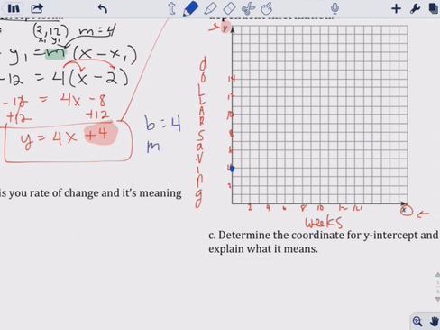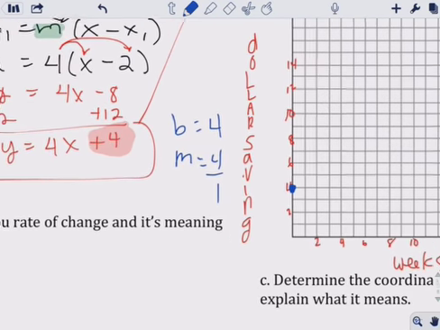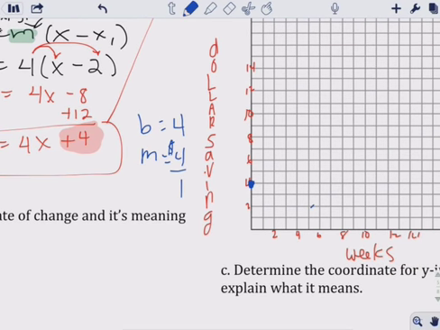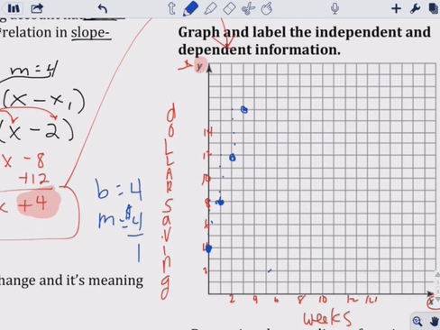Your slope is 4 over 1, or $4 for every 1 week. So that means up $4 for every one, go right 1 week. Up 1, 2, 3, $4 for every 1 week, and you can continue on forever that way.